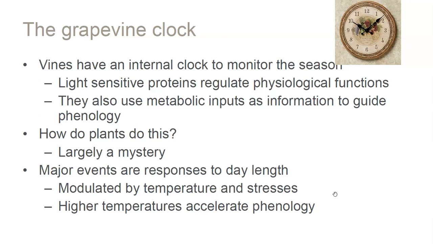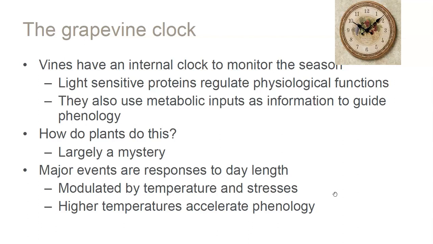So truly, while the grapevine is responding to light wavelengths and to season, it really is also responding to temperature, right? So as you get higher temperature, phenology accelerates. So in those warm years, you're going to get veraison sooner, you're going to get harvest sooner.